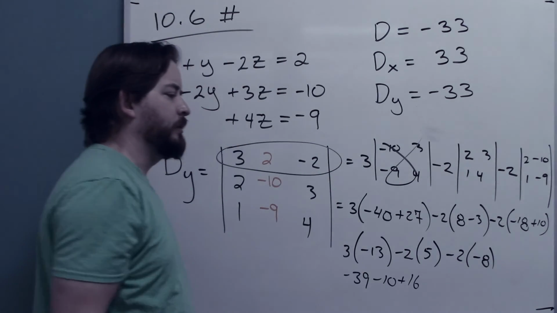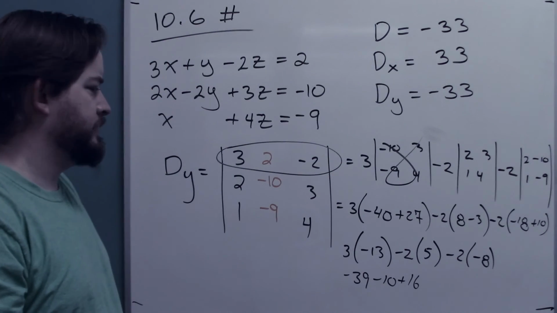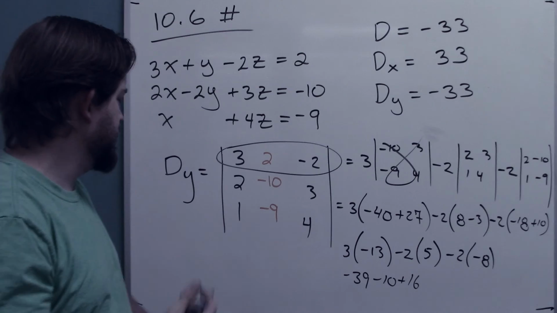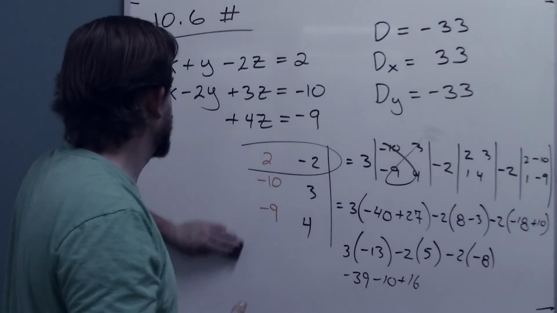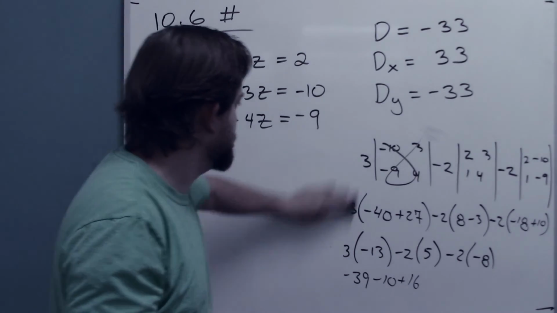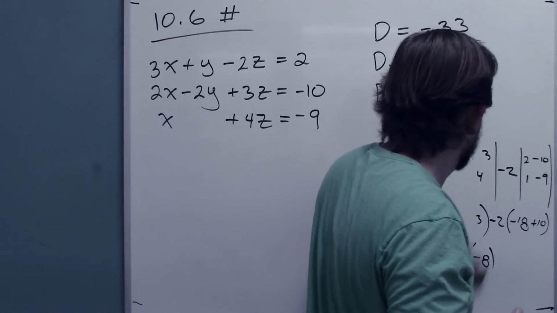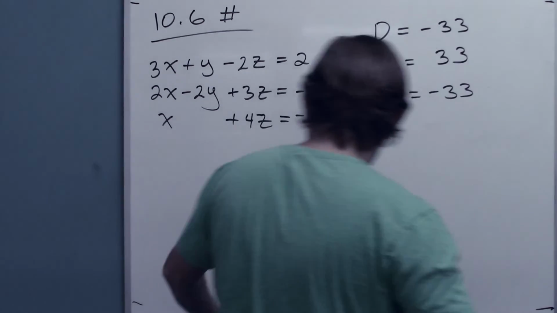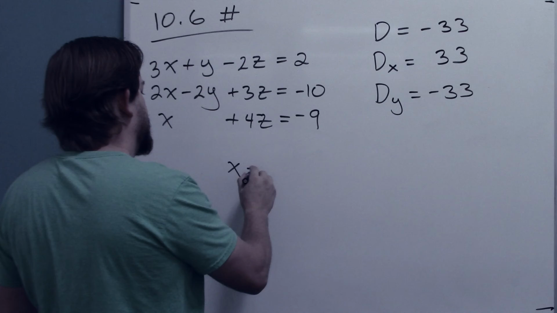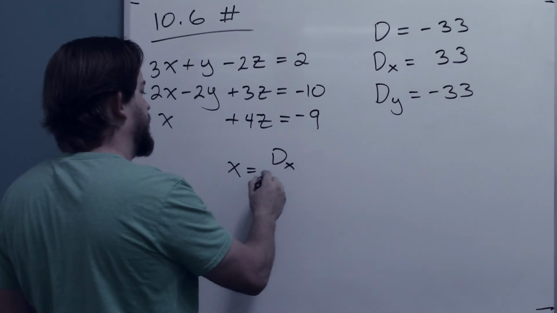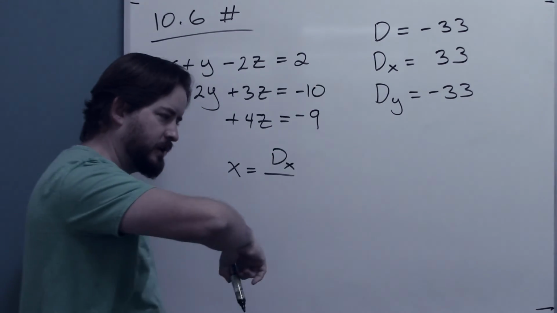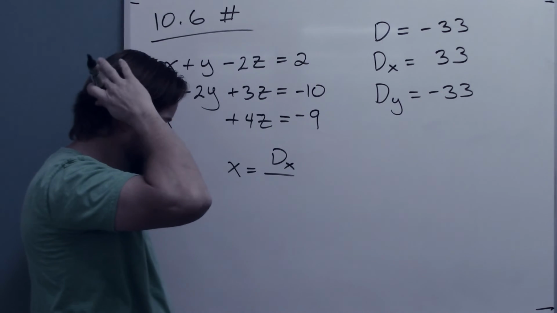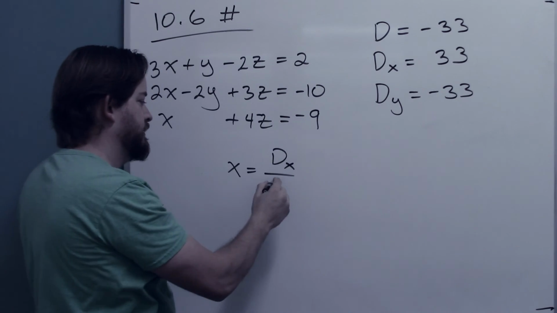Alright, so I'm going to not do Z. Z is just the same kind of process. What I'll do here though is skip to how you find the answer. Your x is the determinant of the x, that dx, where we replace the x column with the solutions, divided by d.